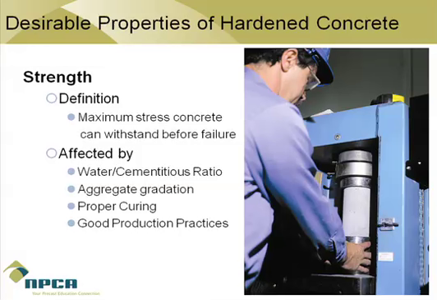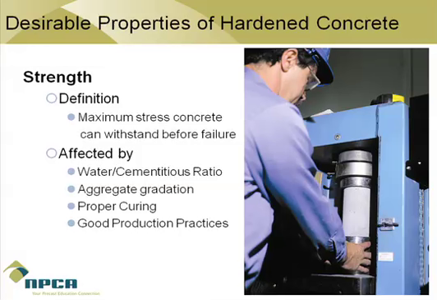Concrete strength is discussed frequently in the precast industry and the concrete industry in general. But what exactly does it mean when we say we are making a 3,000 psi or 4,000 psi concrete? Well, typically we're talking about the compressive strength of the concrete. As we'll discuss more in depth later in the course, concrete is strong in compression and weak in tension.